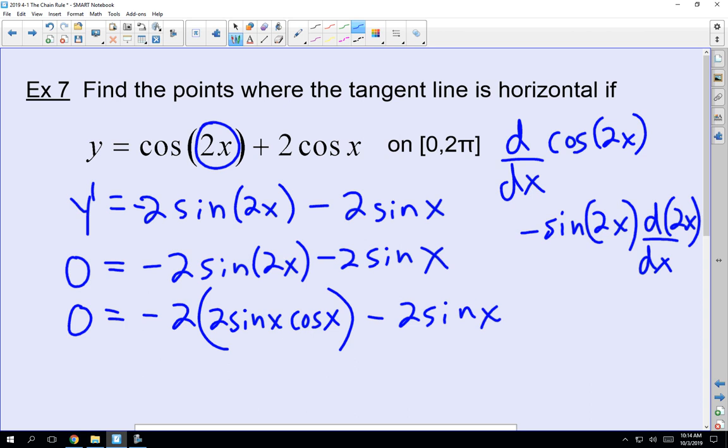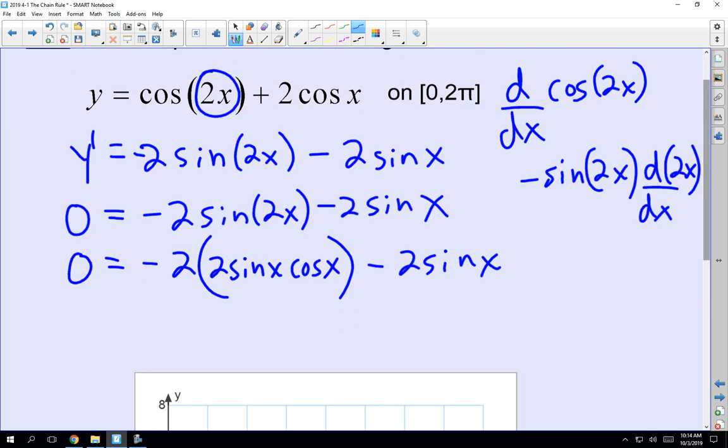So here's what I have. It's in a polynomial sort of form here. So we've got 0 equals negative 4 sine x cosine of x minus 2 sine of x. Okay, now you can do what Jeremiah suggested. Factor out a GCF of sine of x. Can we get rid of this negative sign here?